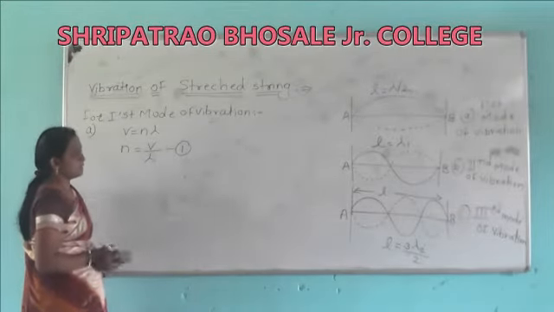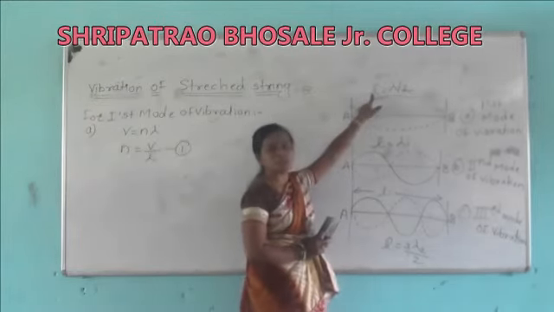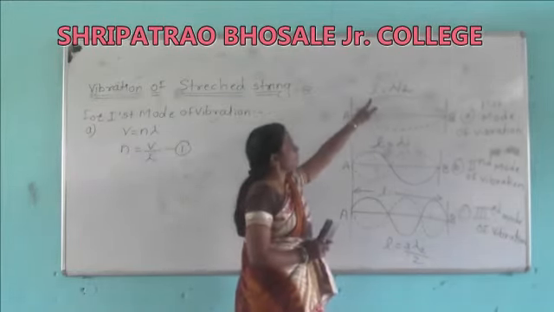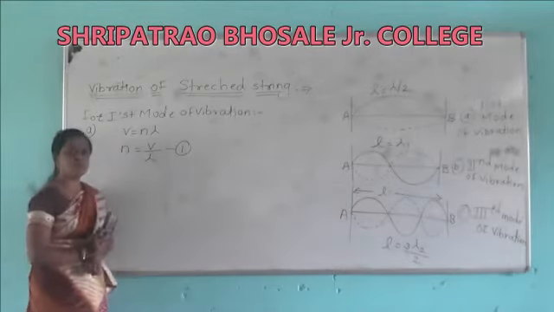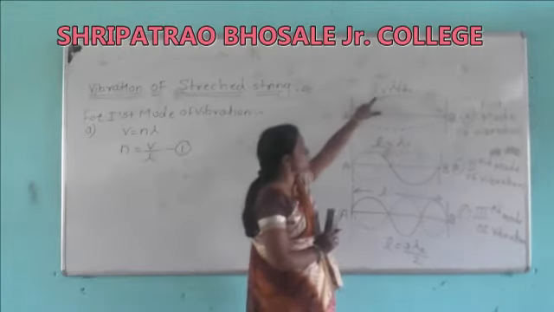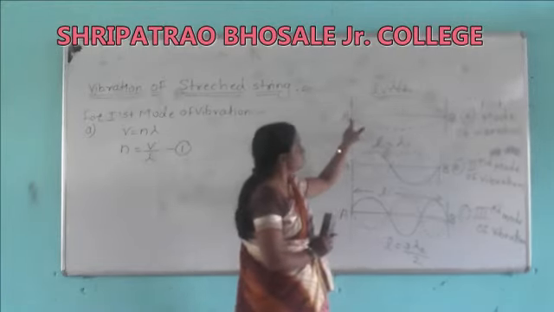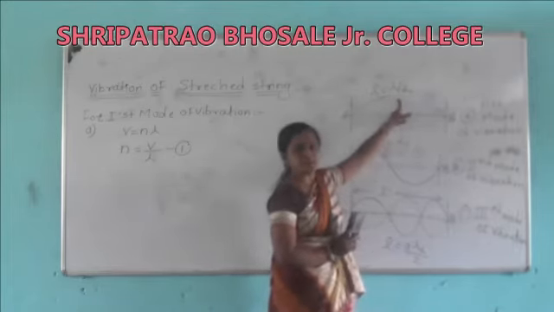Then when the first loop is formed, let us consider small l is the length of the string. Now the distance between two successive nodes. Here a node is formed at the closed end and an antinode is formed at the middle.